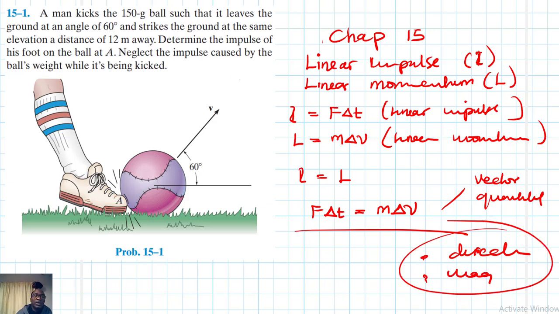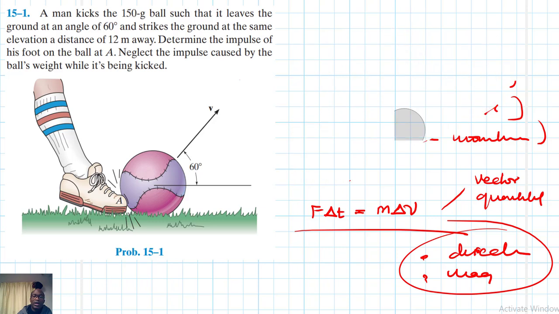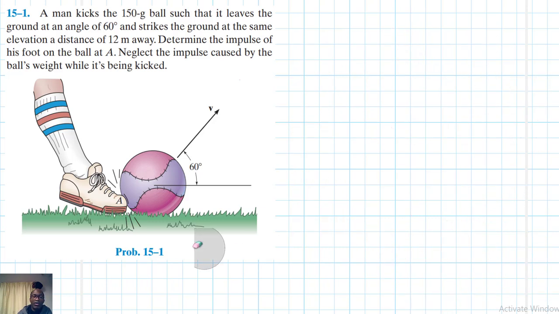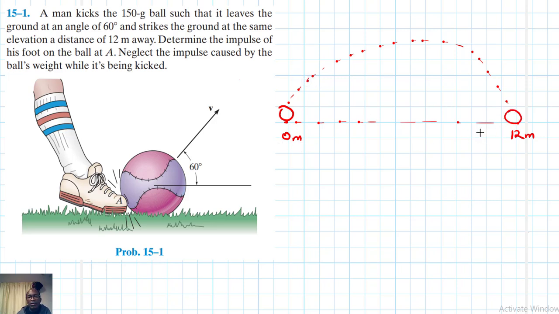So let's look at what is happening right now. We have a foot that kicks this ball. If this point is 0, and then we have this point here which is 12 meters, the ball is kicked here, and we've been told that this ball covers a distance of 12 meters and then falls at the same elevation where it was kicked.